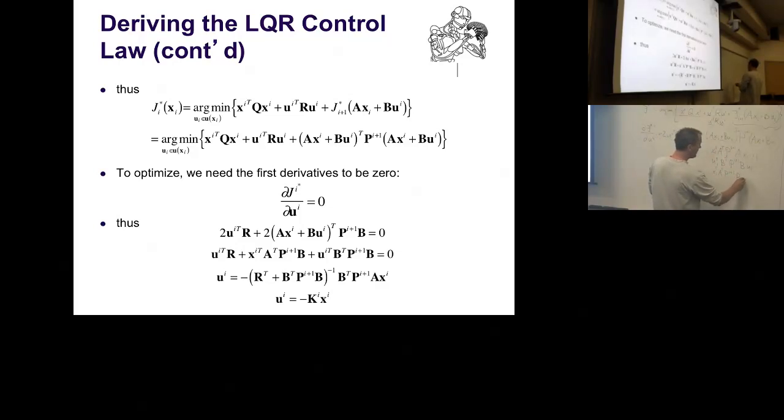And the other term is this one here, this is u_i B transpose P_i+1 A x_i. And by the same argument, this term and this term are identical since they're scalars. If you take the transpose of this, it becomes this term. P is going to be a symmetric matrix. Okay, I hope I did the same here.